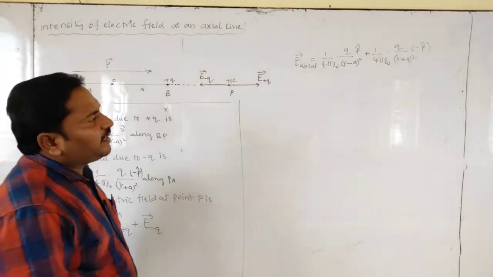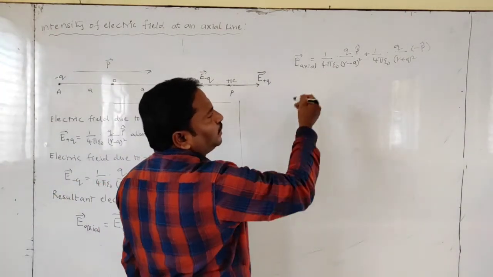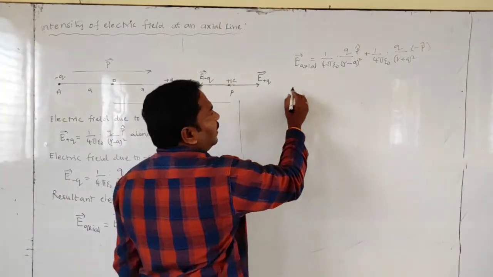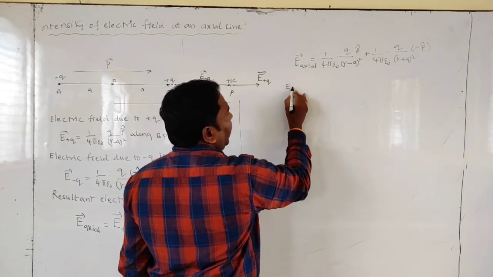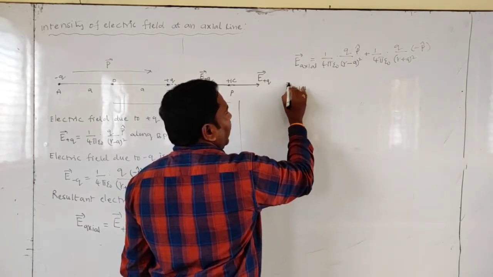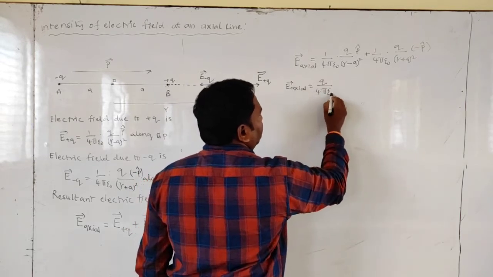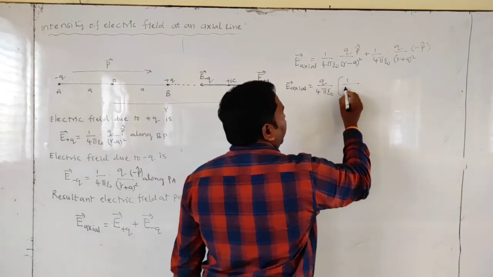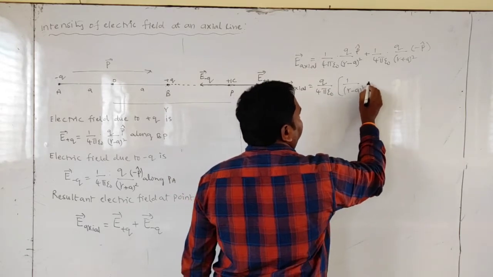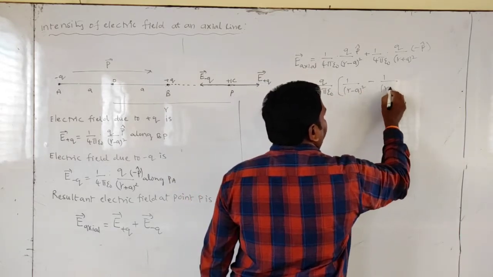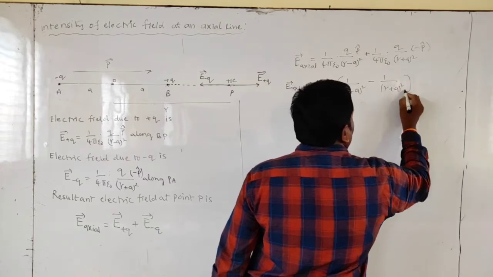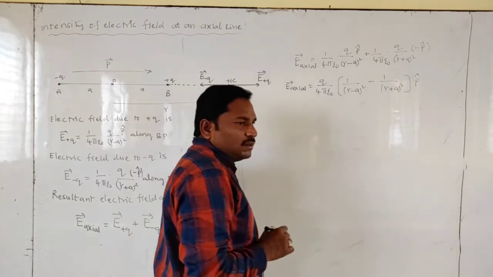Now we take common 1 by 4 pi epsilon naught q and p cap. E axial equals q by 4 pi epsilon naught, into 1 by (r minus a) whole square minus 1 by (r plus a) whole square, into p cap.